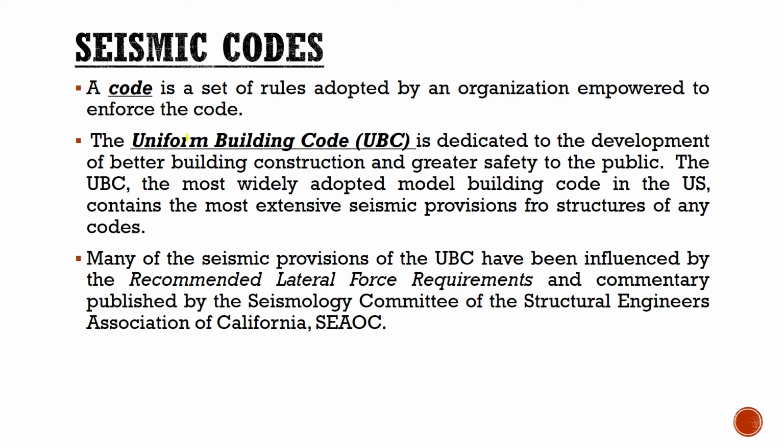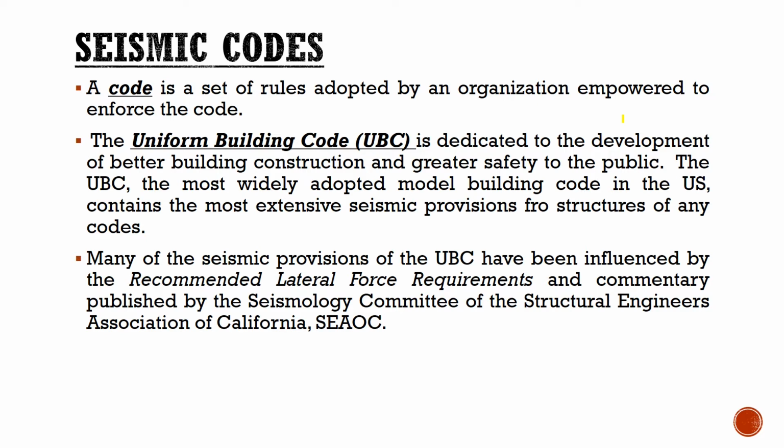The Uniform Building Code is dedicated to the development of better building construction and greater safety to the public. The UBC, the most widely adopted model building code in the US, contains the most extensive seismic provisions for structures of any code.